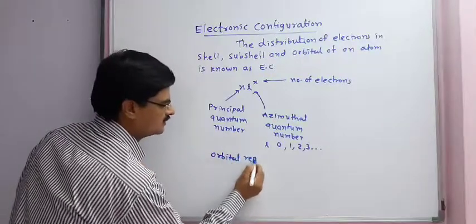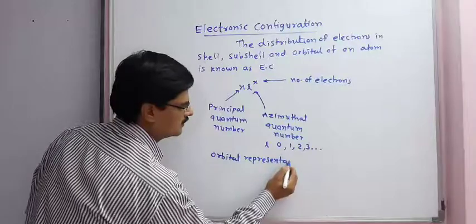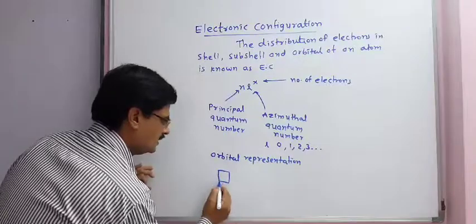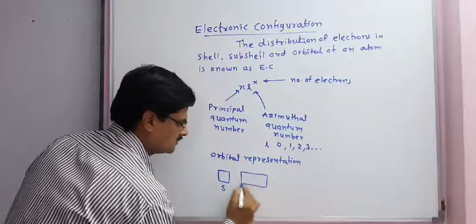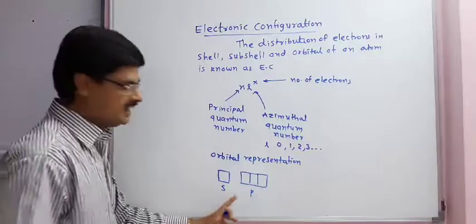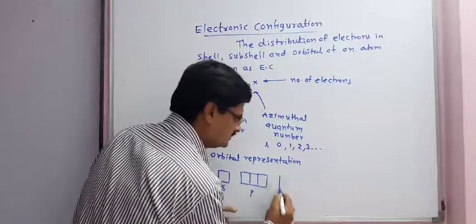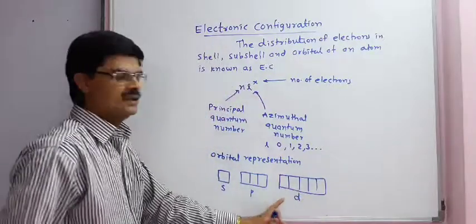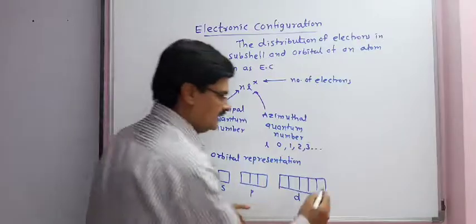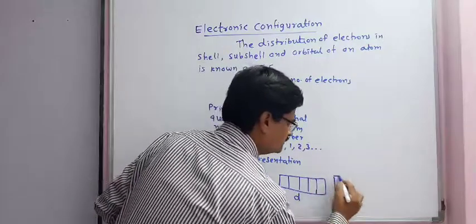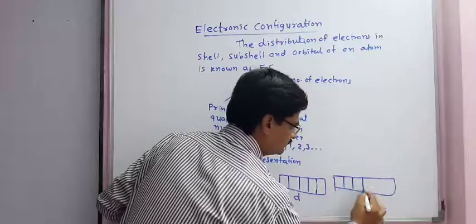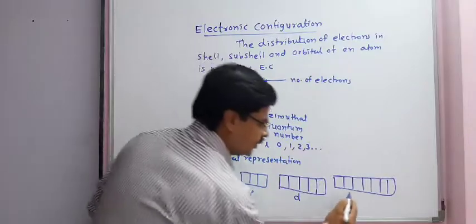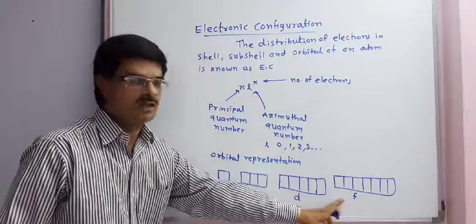In another way, orbital representation by using boxes. The s subcell contains one orbital, the p subcell contains 3 degenerate orbitals, d contains 5 degenerate orbitals, and f contains 7 degenerate orbitals.